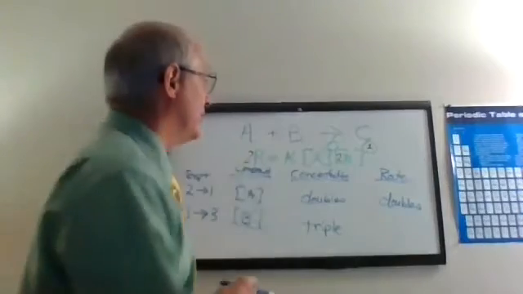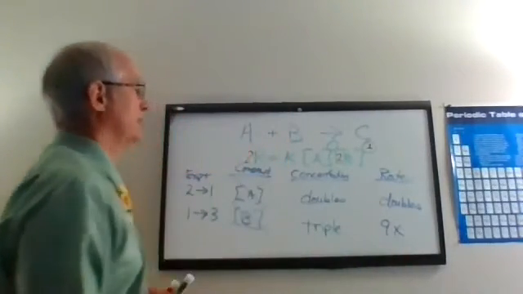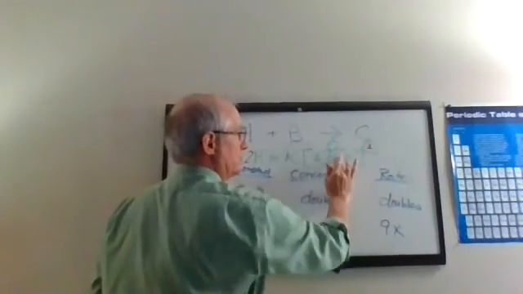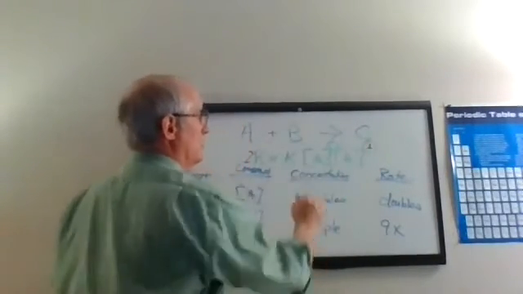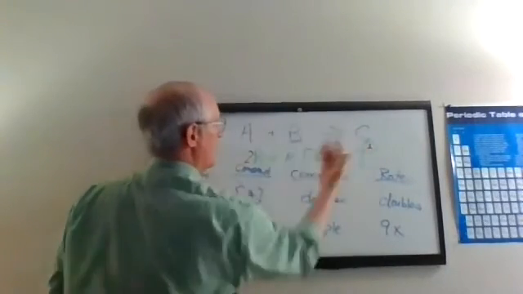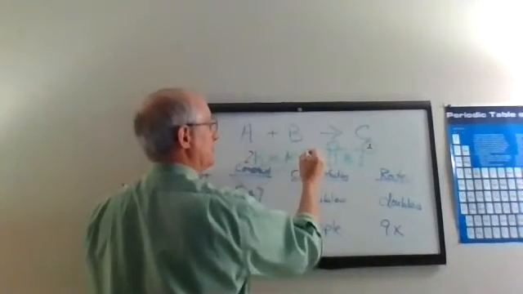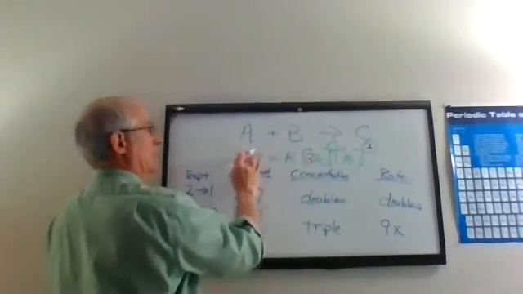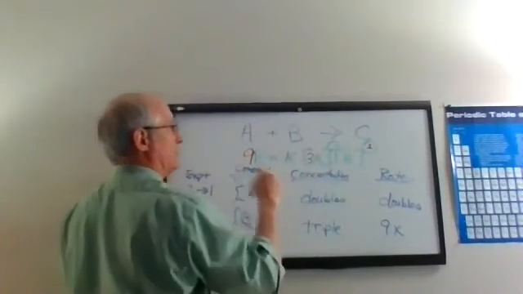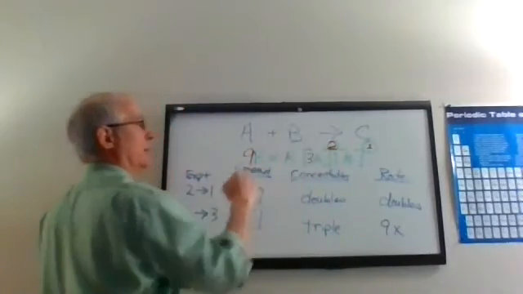When you do that, you're going to get 9 times the rate. So just ignore this, we've already got that figured out. Let's figure out what the power is for this one. If we triple the concentration, it gives us 9 times the rate. Triple what gives us 9? The answer is 2. 3 squared is 9.